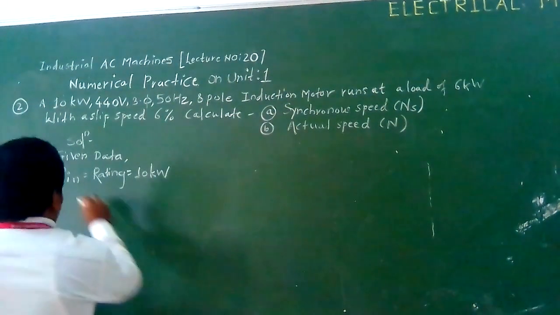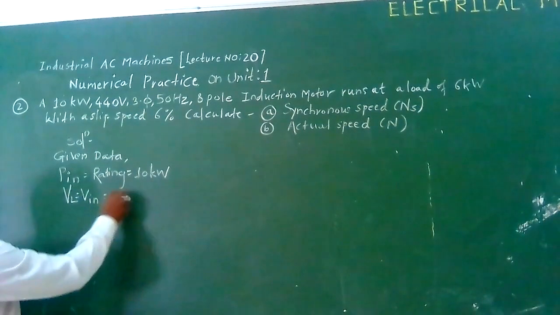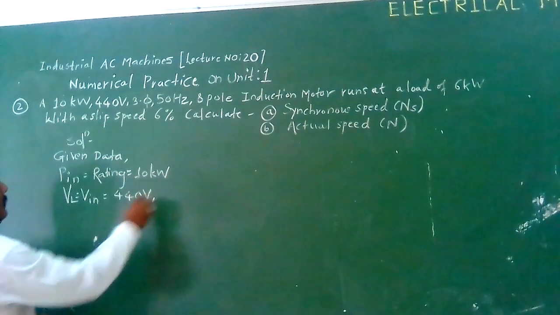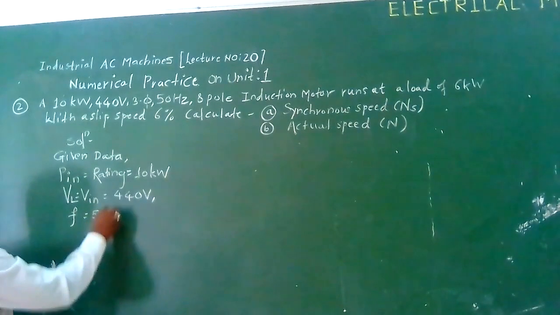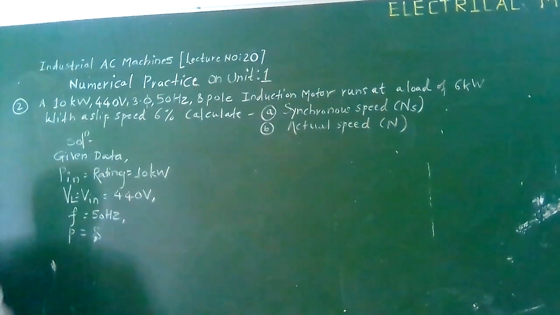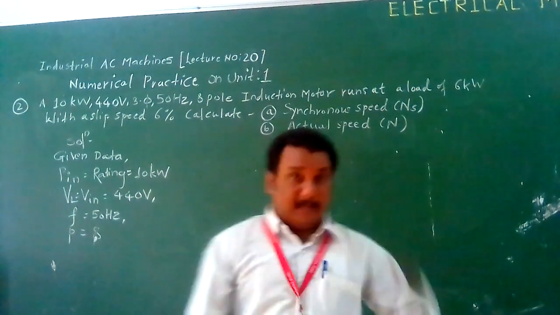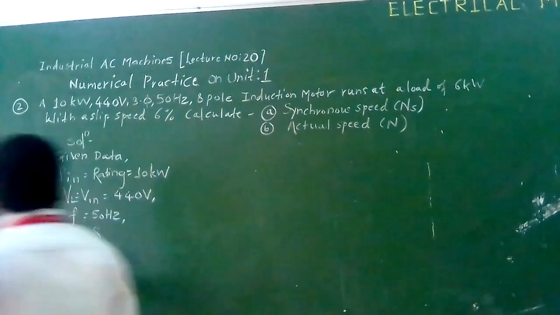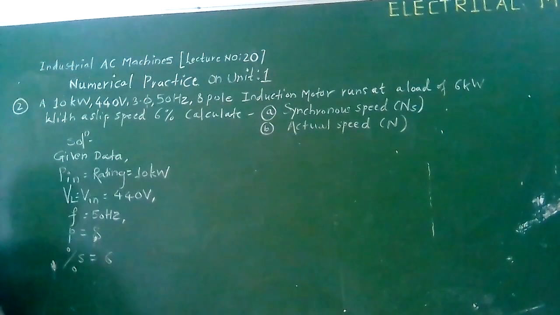So line voltage V input is equal to 440 volt. Then the frequency is 50 hertz. Then the number of poles is 8, and percentage slip is given as 6.